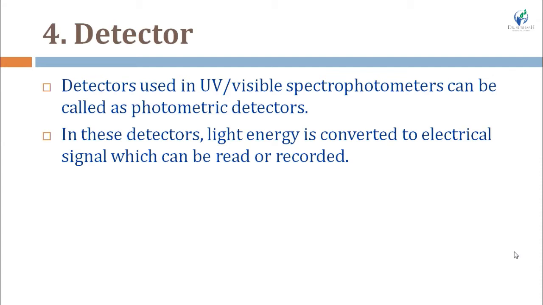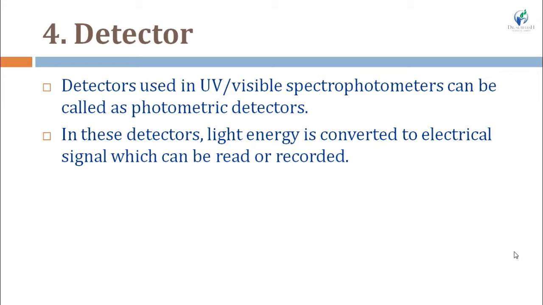Detectors used in UV visible spectrophotometers are known as photometric detectors. When radiation is passed through a sample cell, a part of this radiation is absorbed by the sample and the rest of the radiation is transmitted.